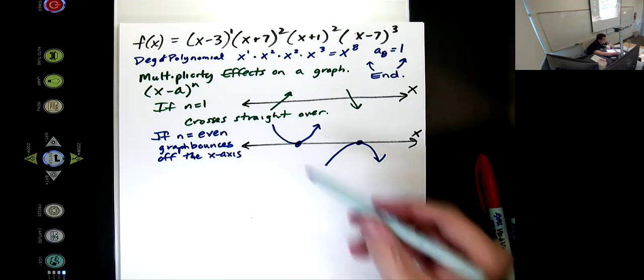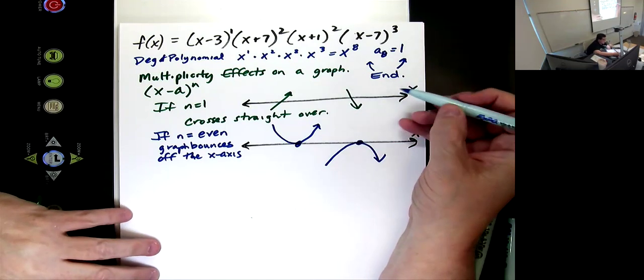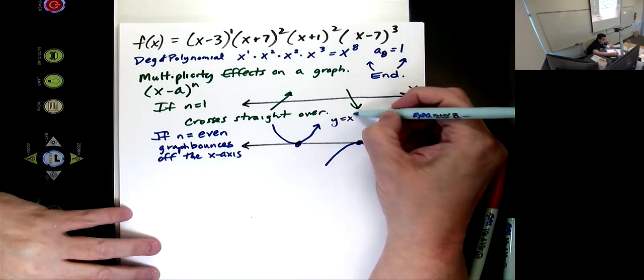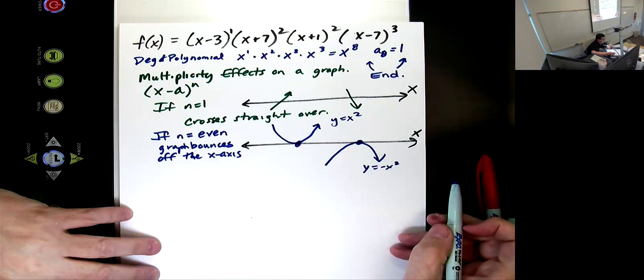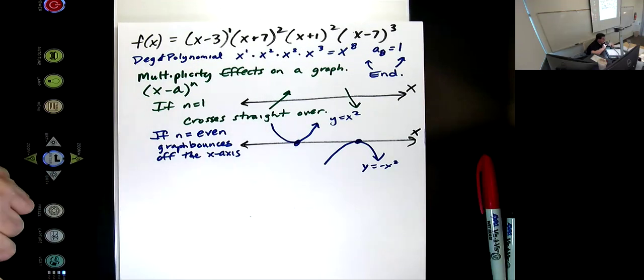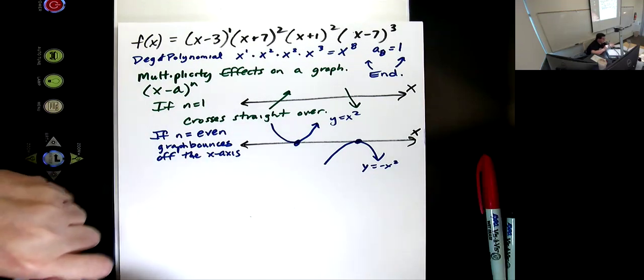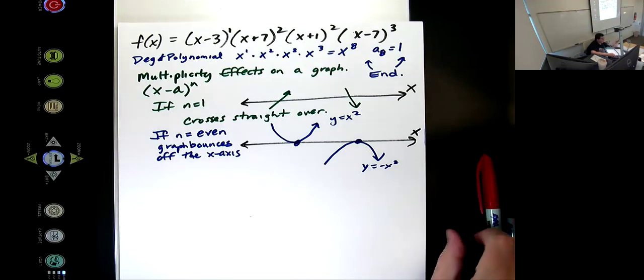In fact, depending on where I put the y-axis, this looks like y equals x squared, and this looks like y equals negative x squared.